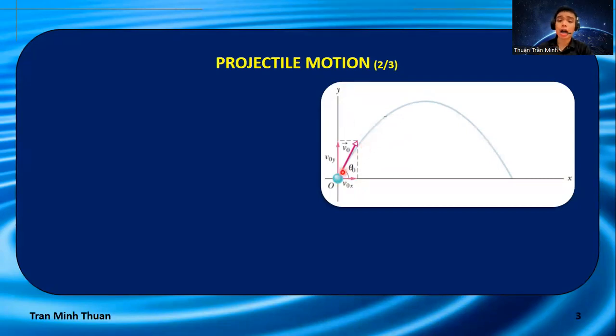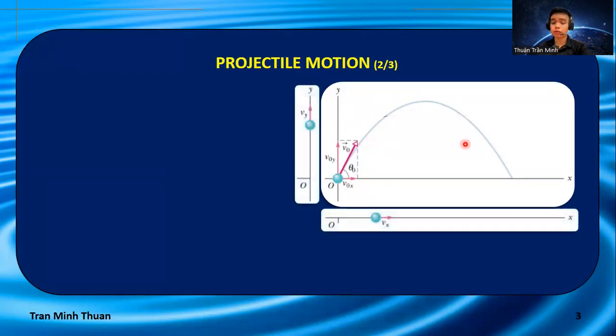In the case of an object in projectile motion, we can resolve its motion into the horizontal motion on the x-axis and the vertical motion on the y-axis. The initial velocities of the object on the x and y axes are v naught cosine theta and v naught sine theta, respectively.